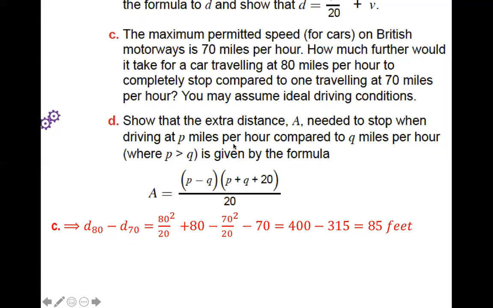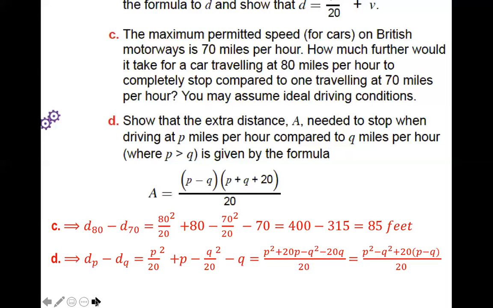Okay. So show that the extra distance needed to stop when driving at p miles per hour compared to q is given by this formula. Remember we had 80 and 70, so p is 80 and q is 70, for example.